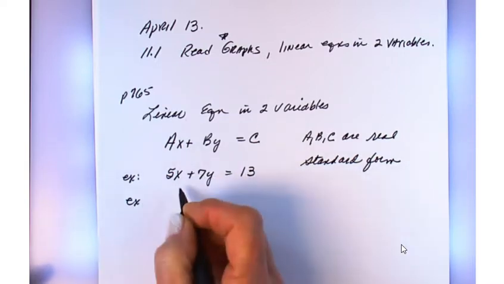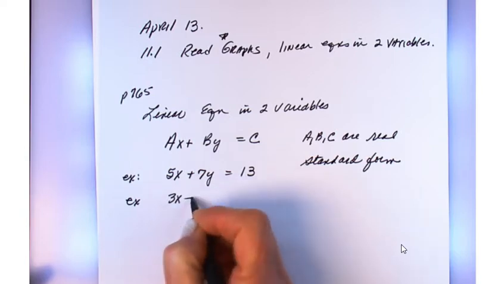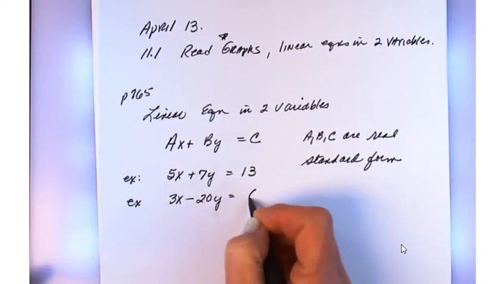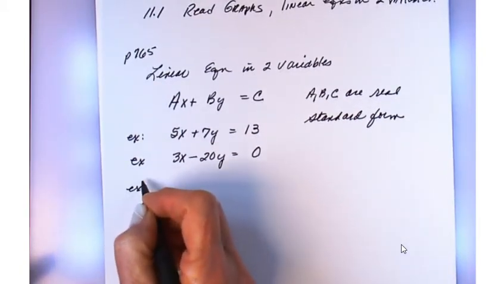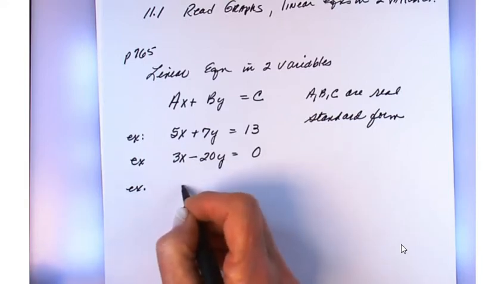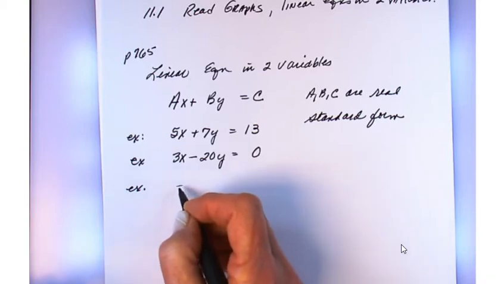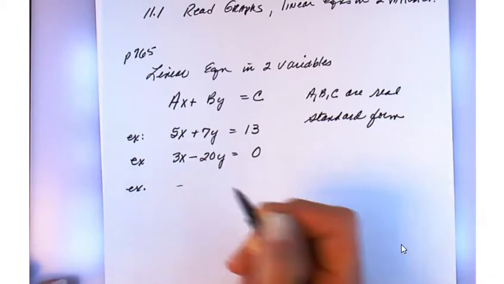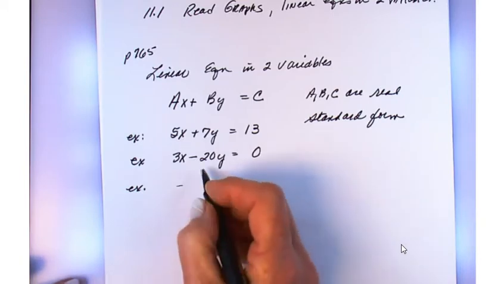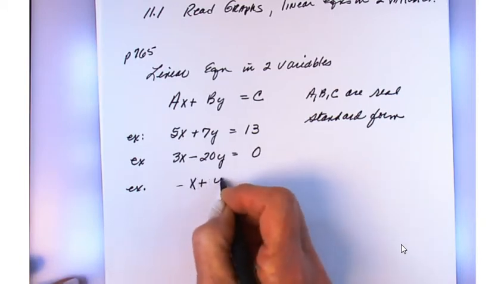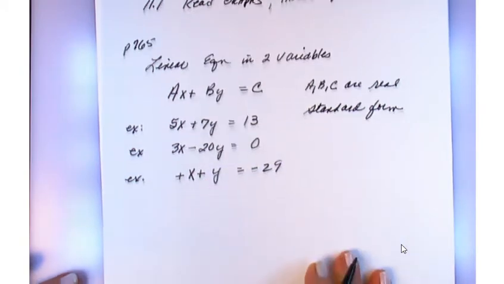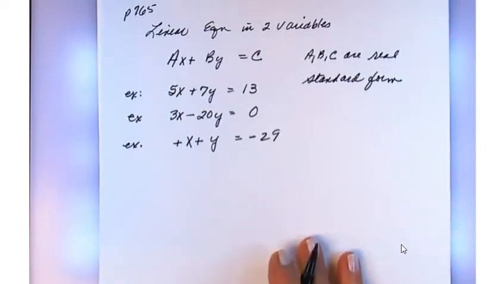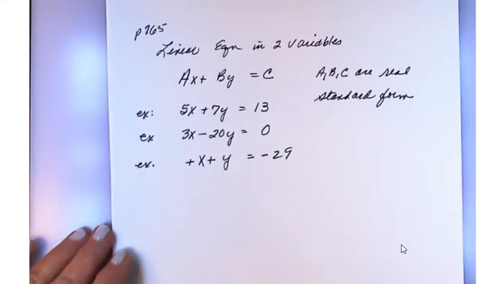We might have 3x minus 20y equal to 0. Generally we don't start out with a negative x. It could be that way, but we usually multiply through and clear it out. So a whole bunch of things. x plus y equals minus 29. This is a plus here. I didn't mean to smudge that up. So this is standard form for a line.